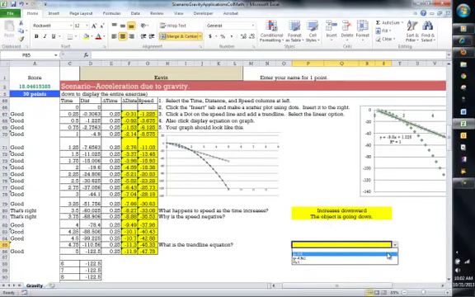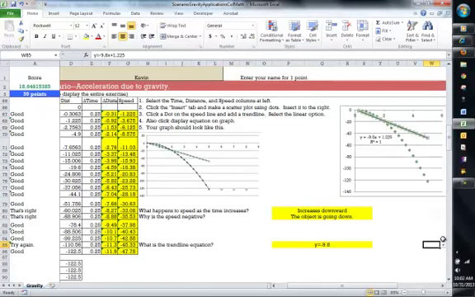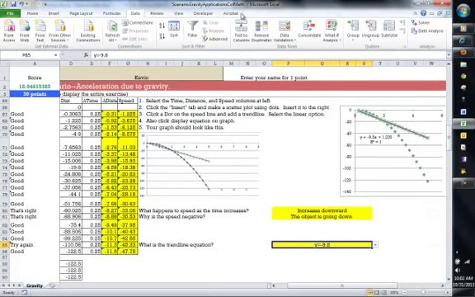Negative 9.8 x squared plus 1.25 x. Let's see, data.